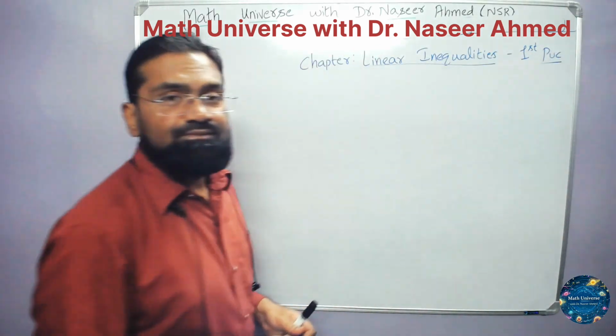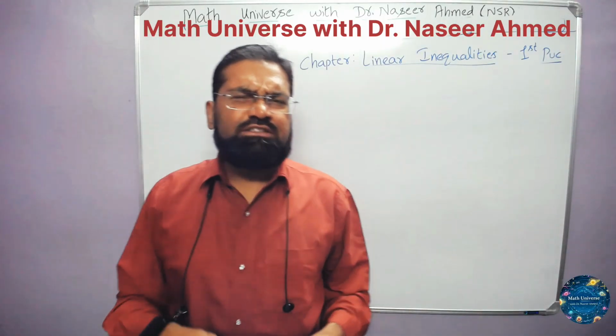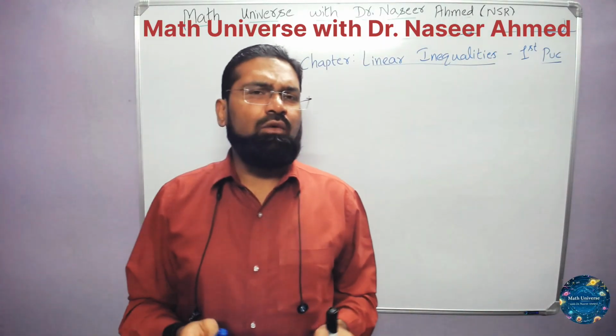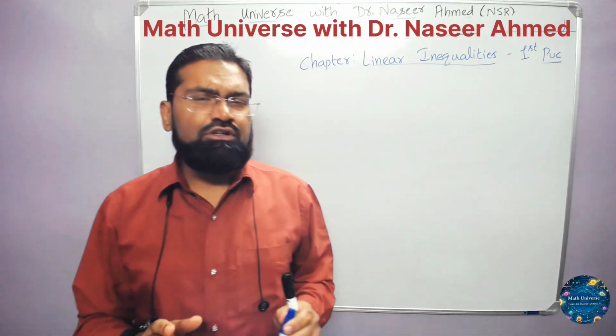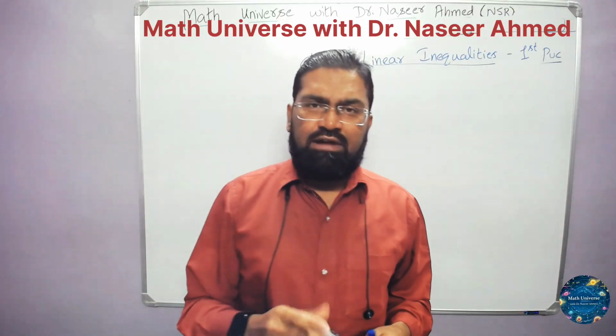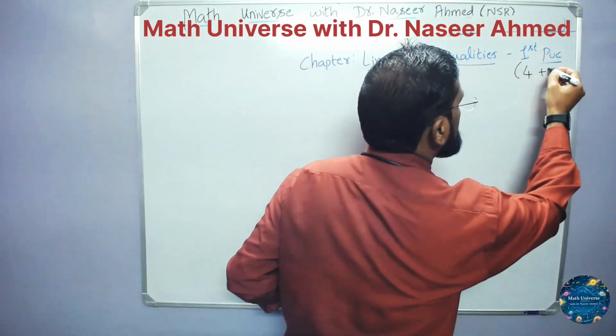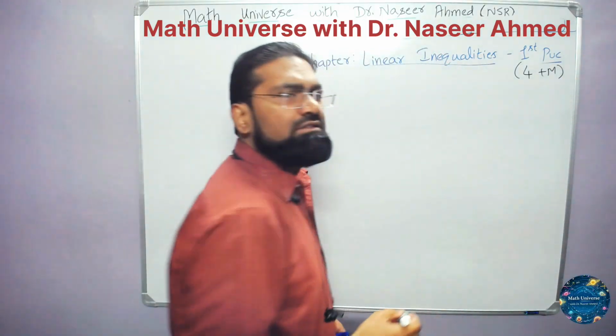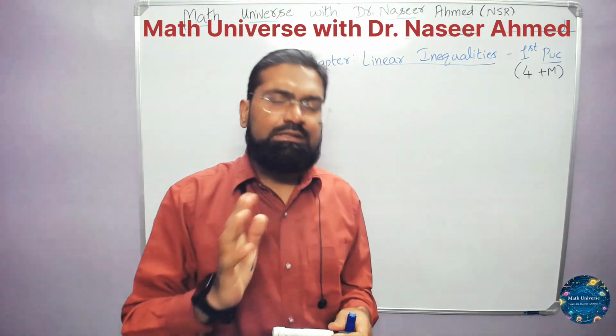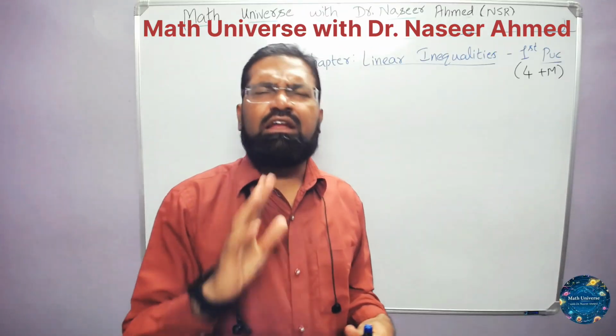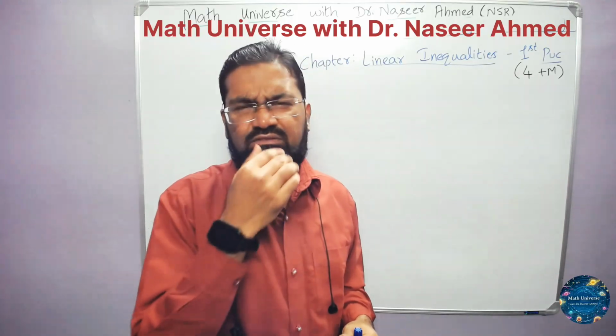It's a very small chapter, as we know. We have only one exercise and surely we can expect 5 to 6 marks, so I will just say 4 plus marks. Now let us proceed with the concept first. We'll discuss a very short concept in detail, and then we have problems.